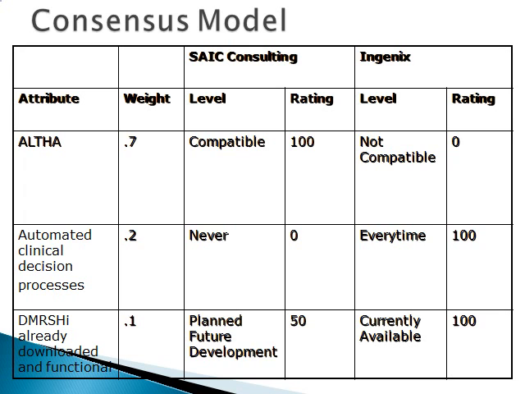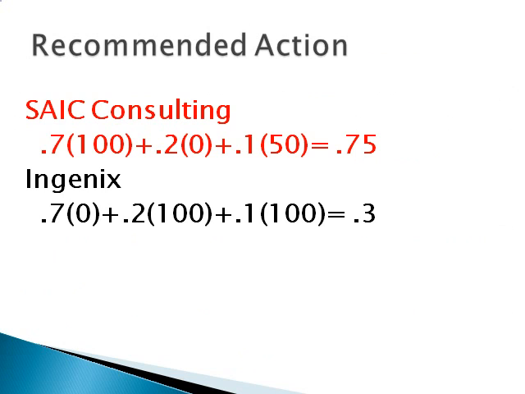And we see in this particular situation, looking at a system from SAT Consulting and a solution from Ingenix, what existed as far as the attributes of ALTA, automated clinical decision processes, and ability for personnel information.